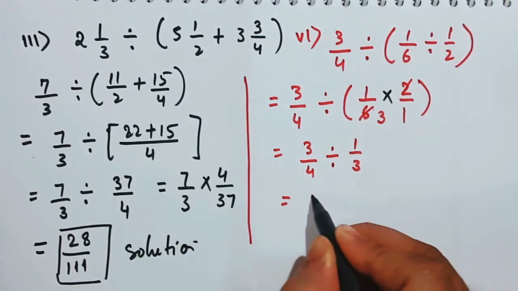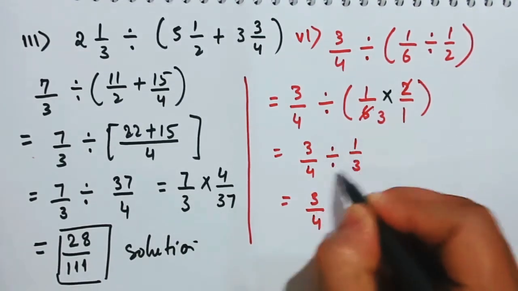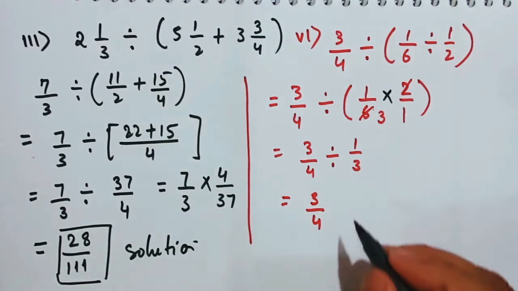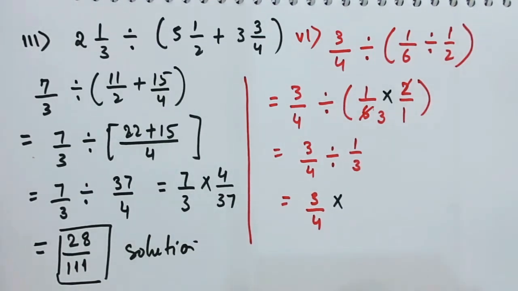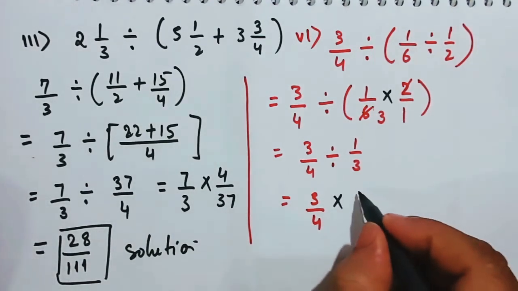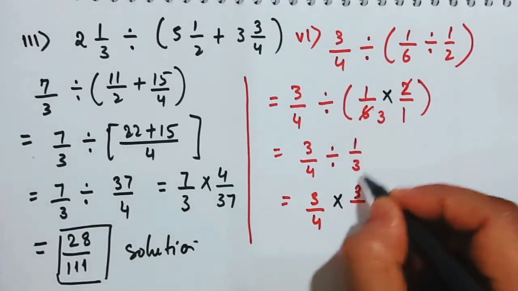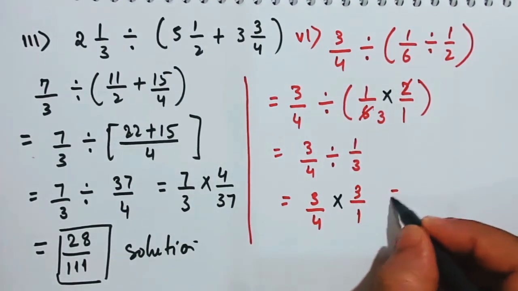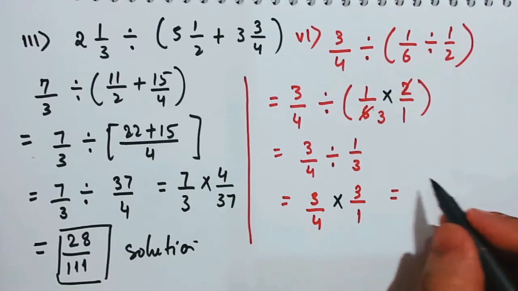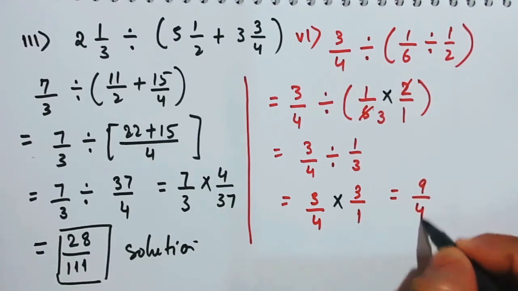No. You will have to convert this division into multiplication form. So when you convert this into multiplication form, you will have to change this into its reciprocal form. So here you have 3 3s are 9 by 4.